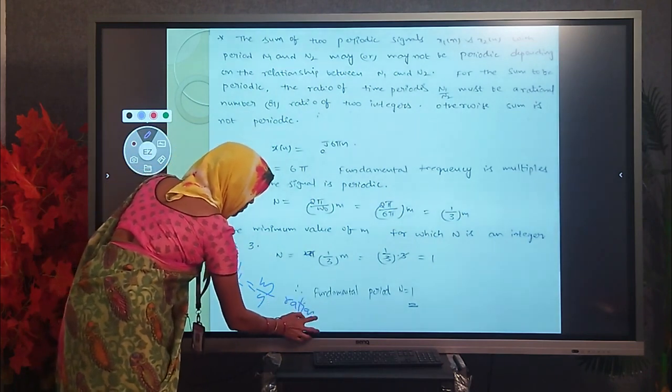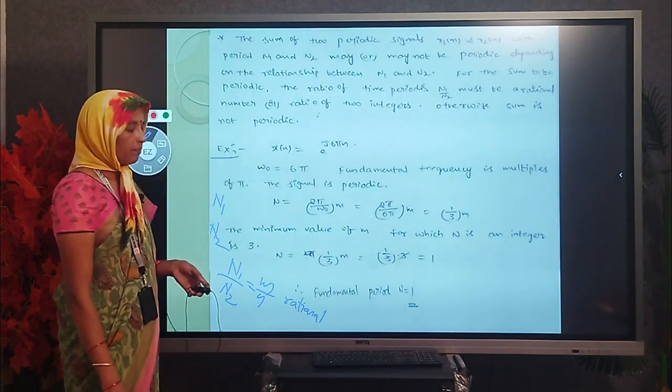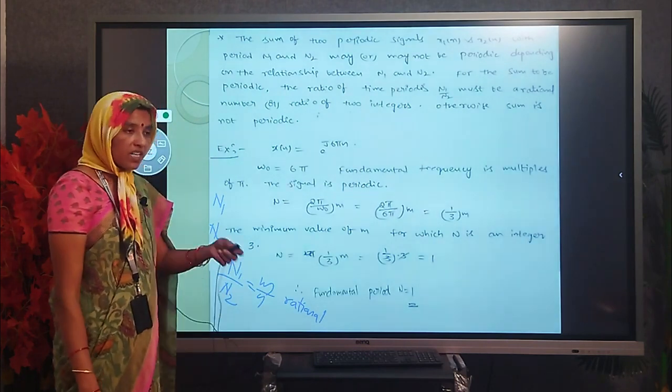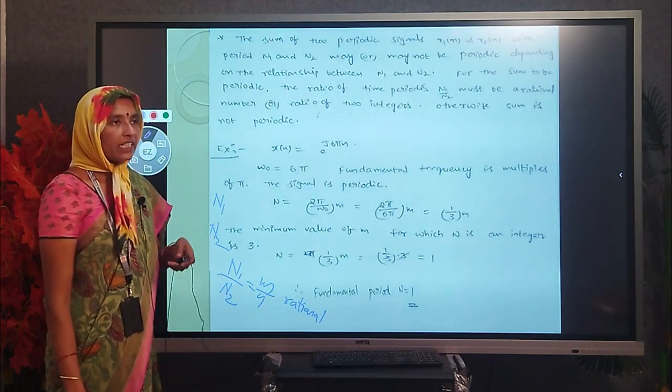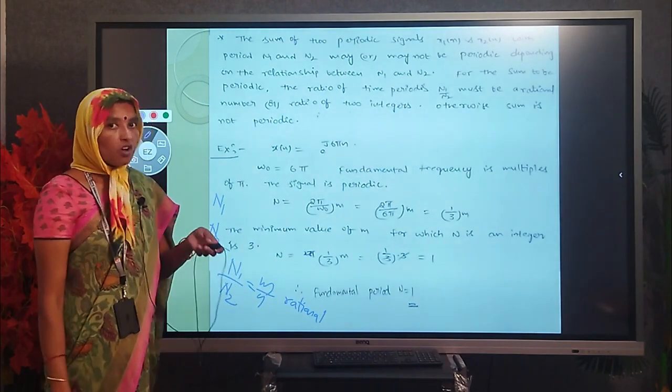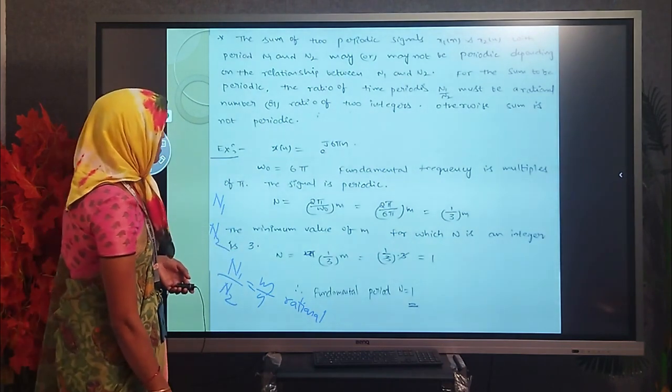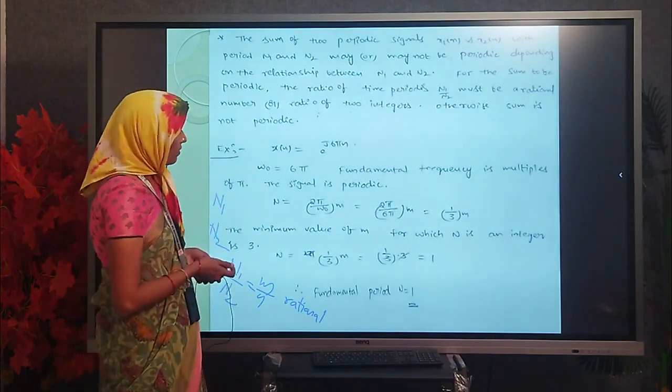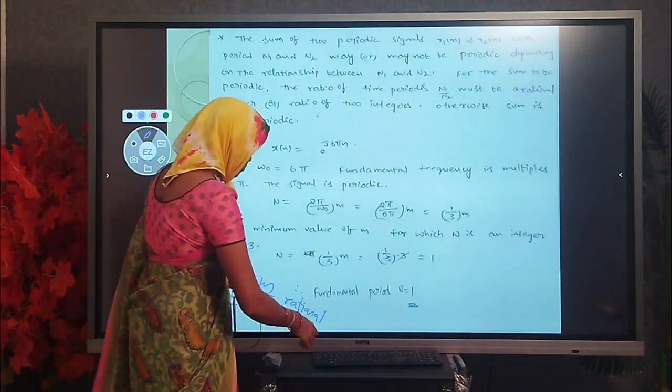If N1 by N2 is a rational number or ratio of two integers, then the sum of two signals is said to be periodic, otherwise non-periodic. Okay, now let us see how to solve one example.